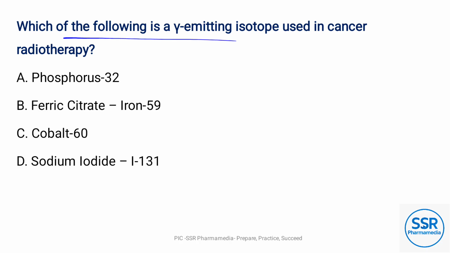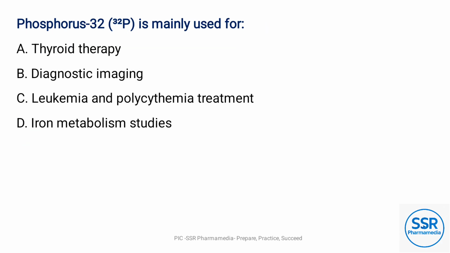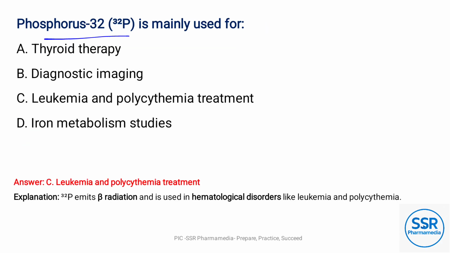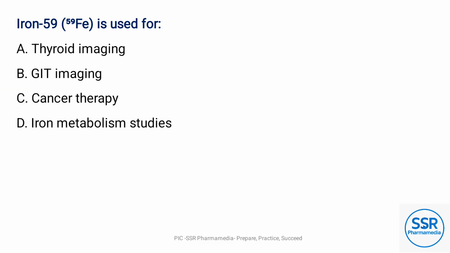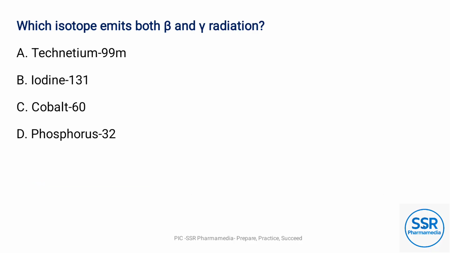Which of the following is a gamma emitting isotope used in cancer radiotherapy? Option C, cobalt-60. Phosphorus-32 is mainly used for, option C, leukemia and polycythemia treatment. Iron-59 is used for, option D, iron metabolism studies.